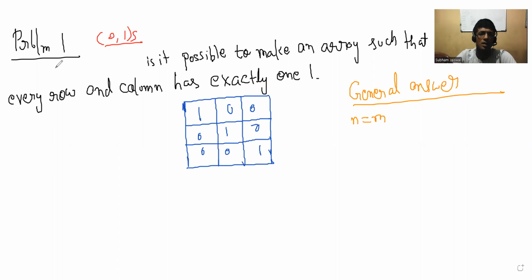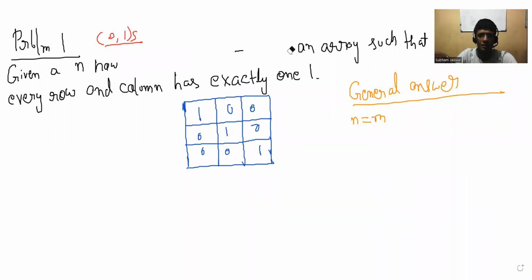Now the question is, given n, how many such arrays are there? This is a very important question for later, and it's just a good problem for now, such that every row and every column has exactly one 1.